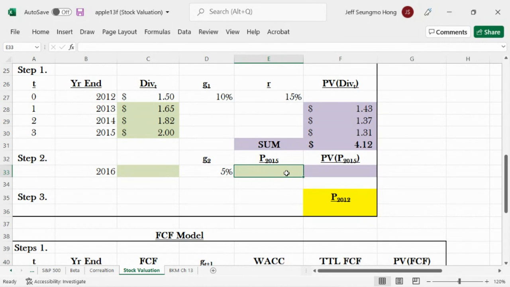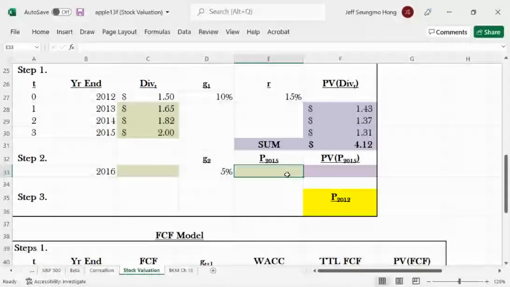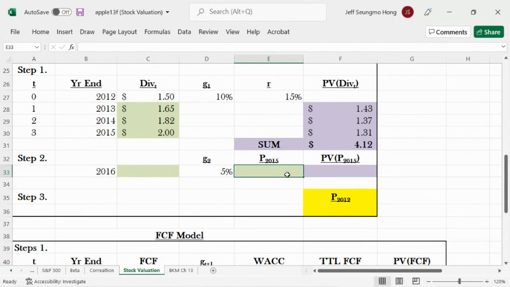Because the constant growth starts from the beginning of 2016, which is the end of 2015. So to find the stock price as of the end of 2015, we need to use the Gordon Growth Model. To use it, we need the dividend at time t plus 1.